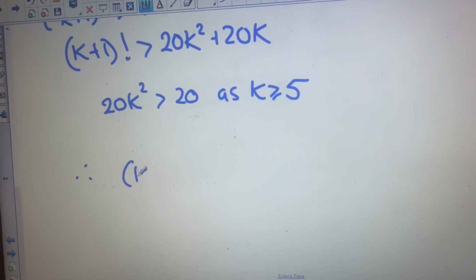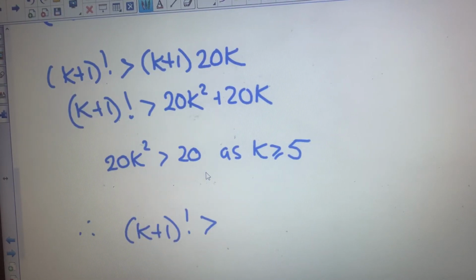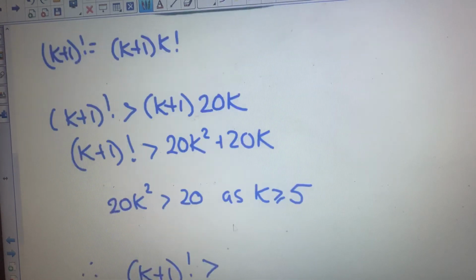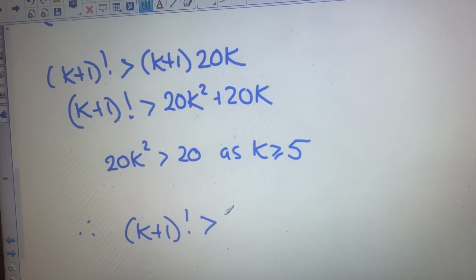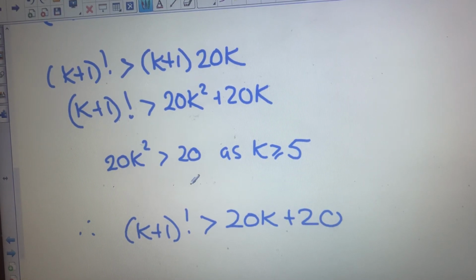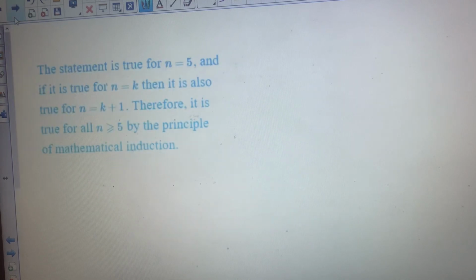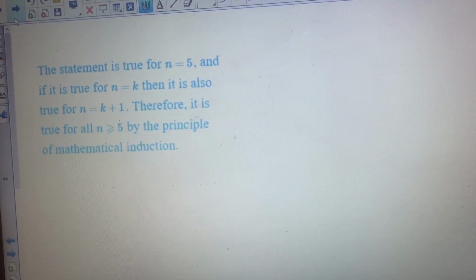Therefore, k plus 1 factorial is indeed greater than what we were asked to show, 20k plus 20, because 20k squared is greater than 20. And here's our conclusion. The statement is true for n equals 5. In fact, you'll see it's pretty much the same statement as we had last time.